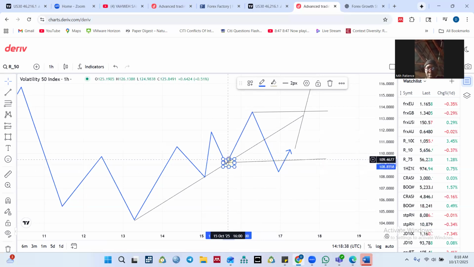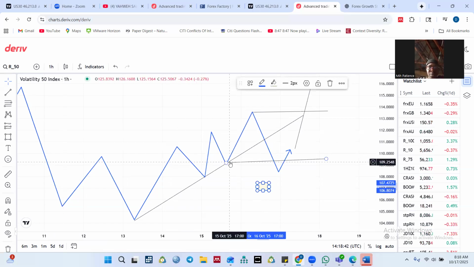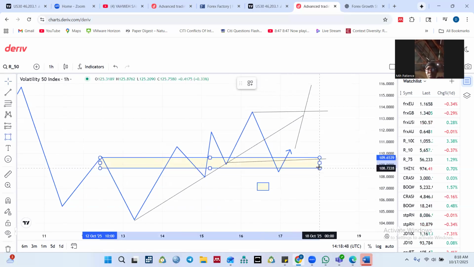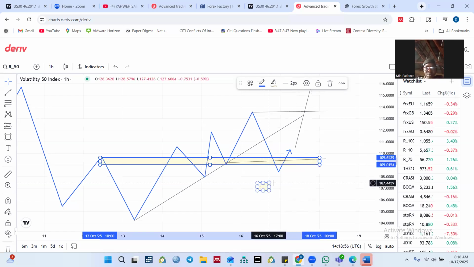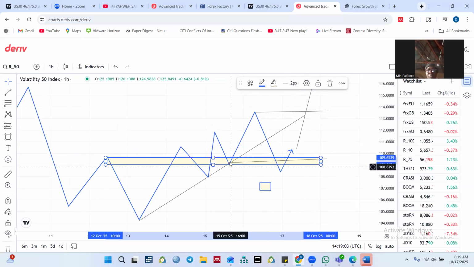Because in an uptrend, or psychologically in the market, all the lows will act as support, like here. The lows will act as support for market participants to be buying.